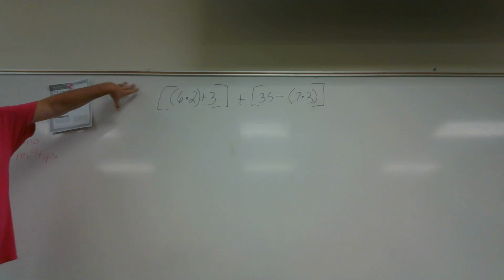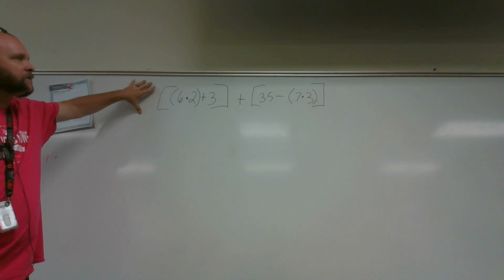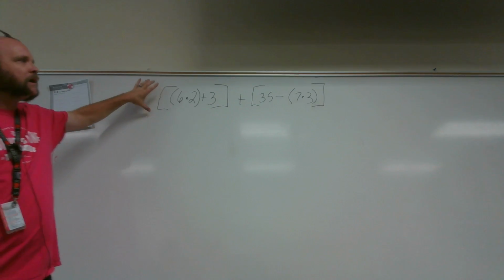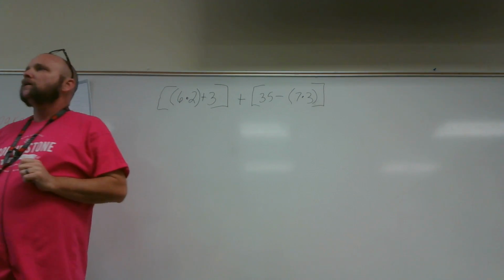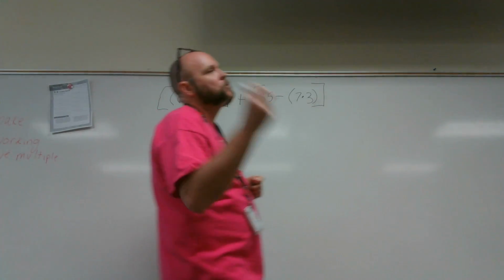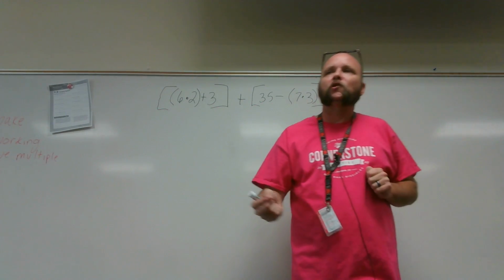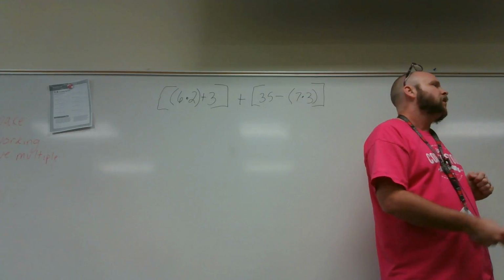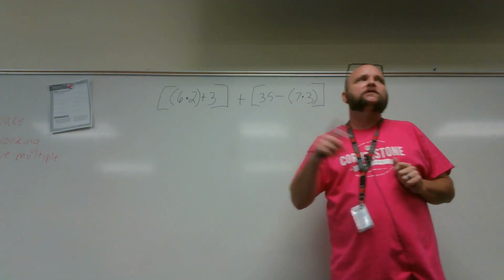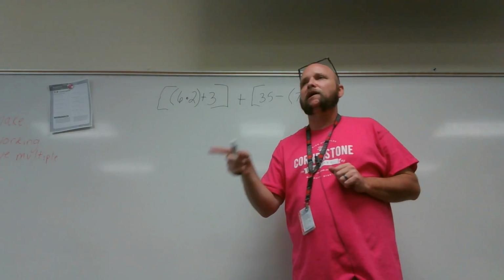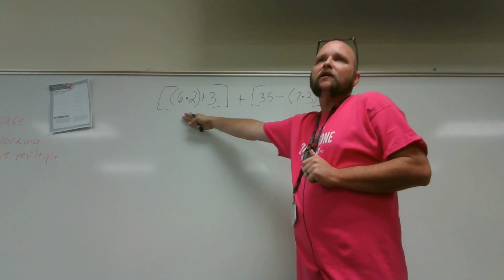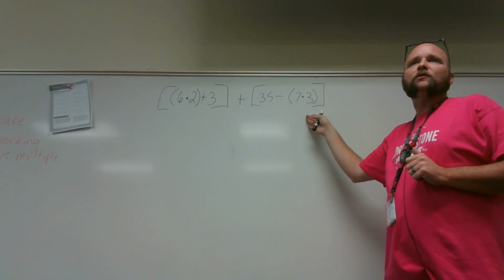Okay, now looking at this problem, it has 2 sets of brackets. Just like when we do multiplication and division, it's one step, and we work from left to right, just like you're supposed to read. We're going to solve the brackets from left to right.